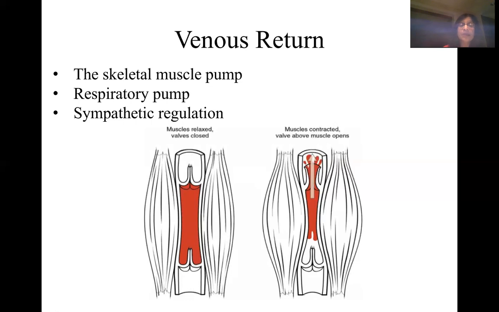This is how you compartmentalize blood in these veins. So here the muscles are relaxed. Okay? So valves are closed, blood is in this compartment, and this valve is closed, this valve is closed.